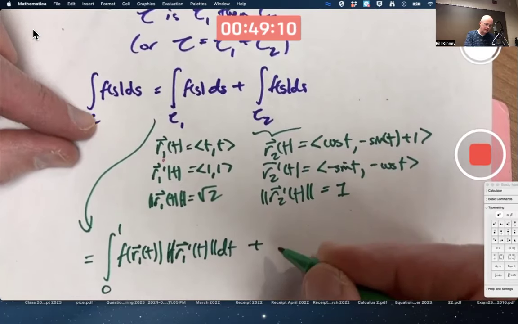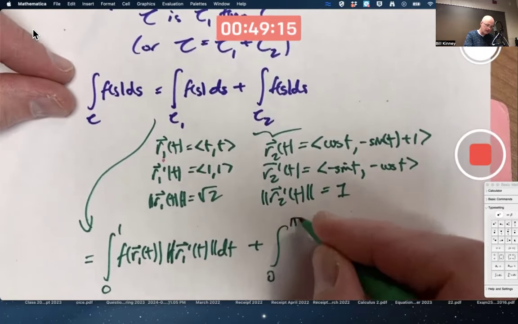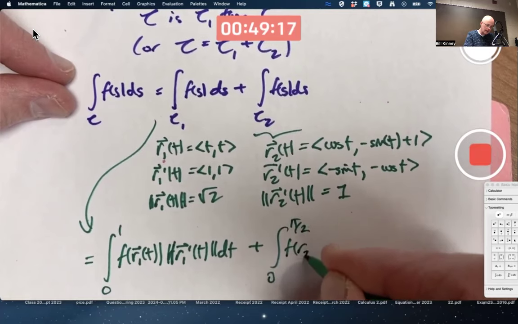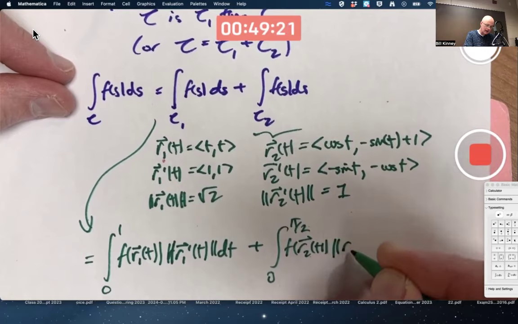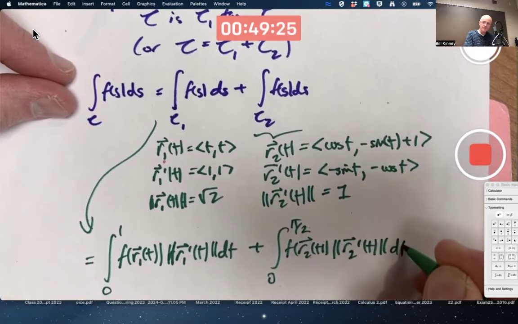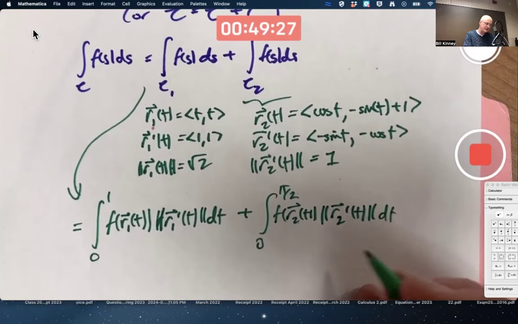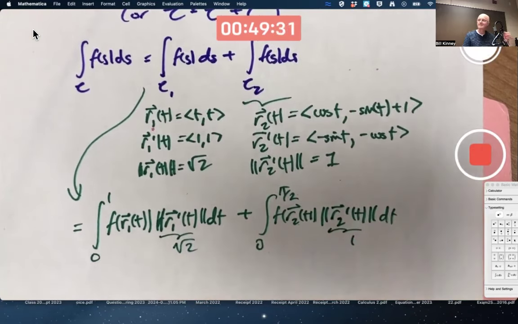And this other parameterization, t goes from 0 to pi over 2. Simplify as much as you can. This is a square root of 2. This is a 1. That's nice.